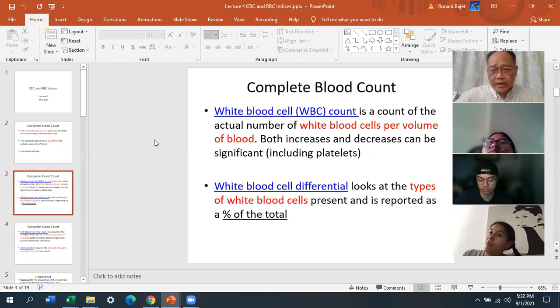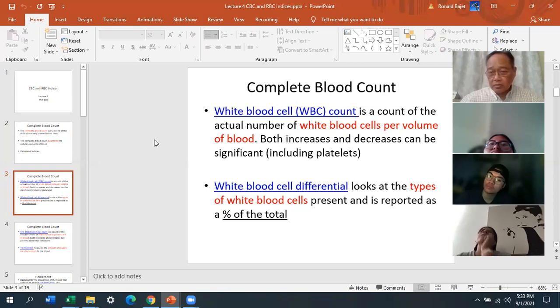Okay, the white blood cell count is the count of the actual number of white blood cells per volume of blood. Like I said, it includes the neutrophils, the lymphocytes, and the monocytes. Both increases and decreases can be significant, including the platelets. So who can remember what the term is for an elevated white blood cell count?